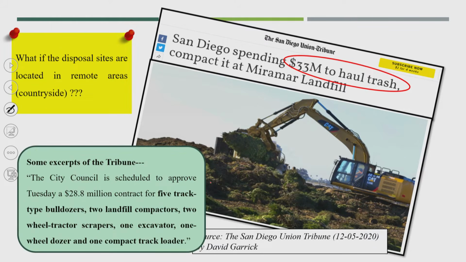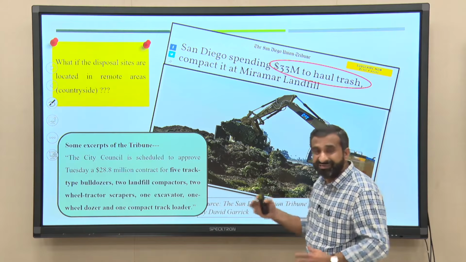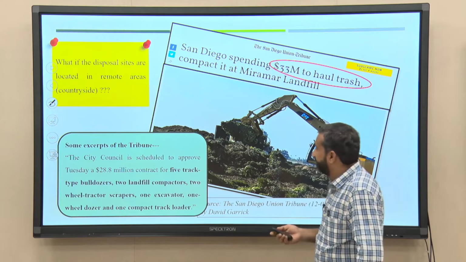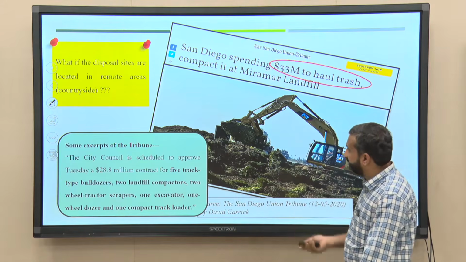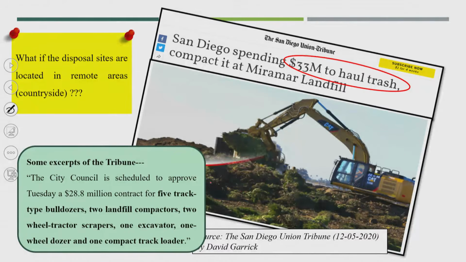One report has also come up, saying $28.8 million is being spent on different collection vehicles. So you see that if the disposal site is located far away, it will not be economical. This is one example. It is a very costly process.